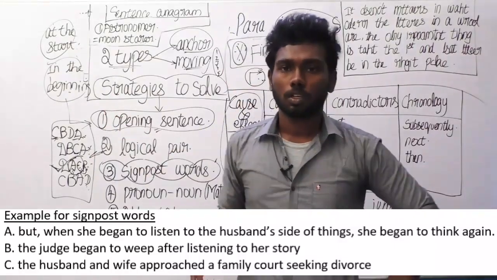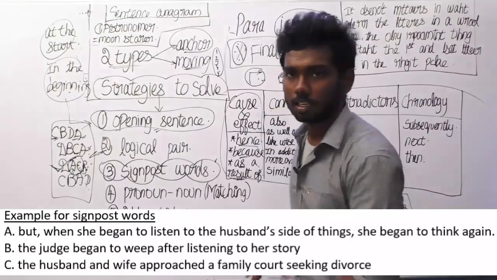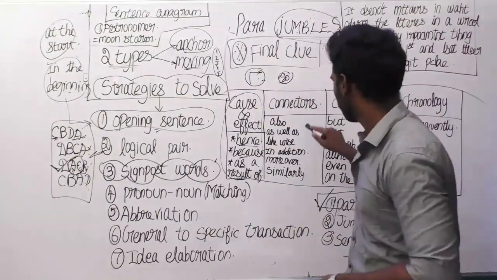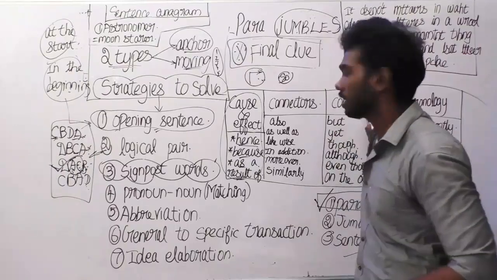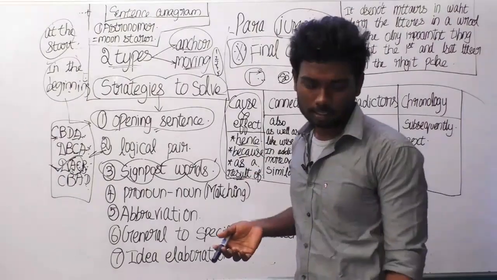So this is the order. So it is easy for you guys to find the connectors and contradictors in a sentence and make a logical sequence from that. I hope you will understand.